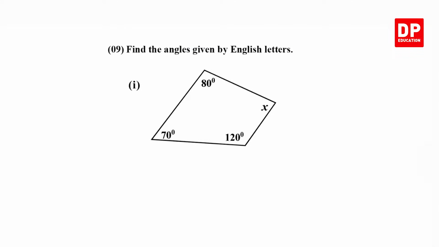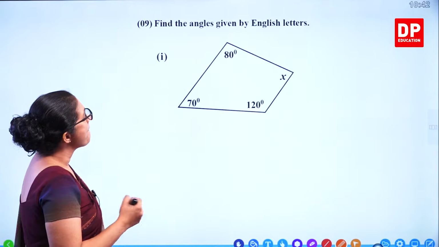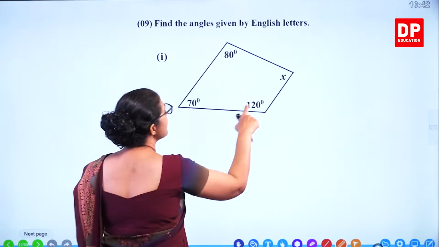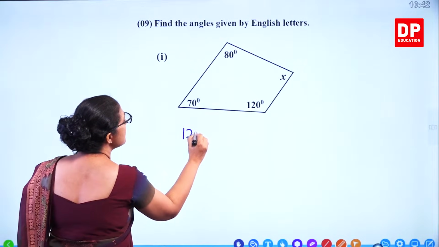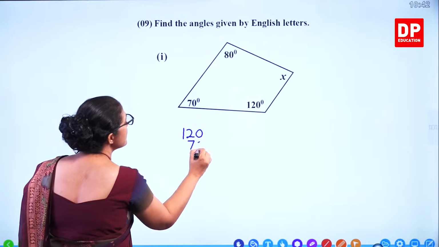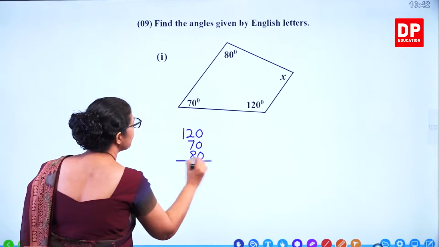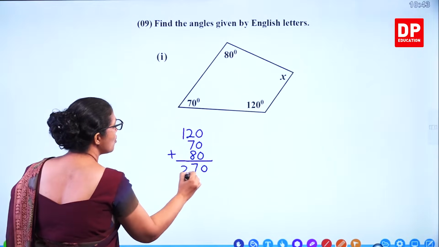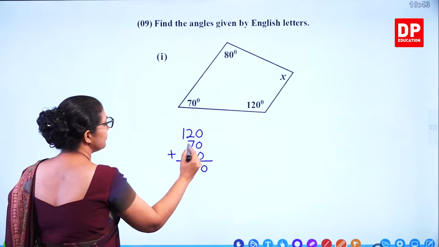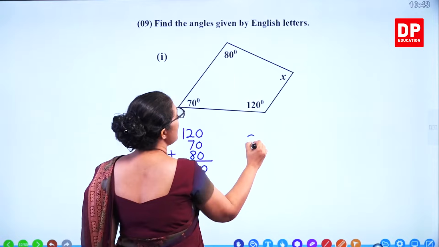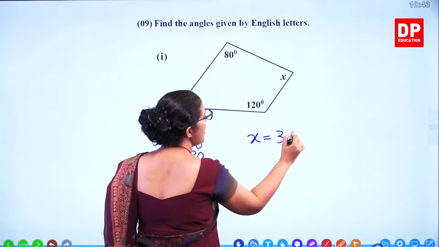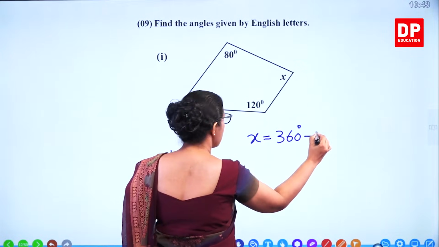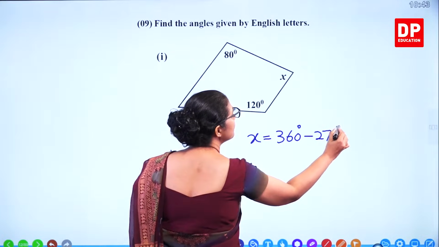Find the angles given by English letters. So this is a quadrilateral. We'll add these three angles, 120, 70 and 80. You get 270. Now you can find x is 360 minus 270.